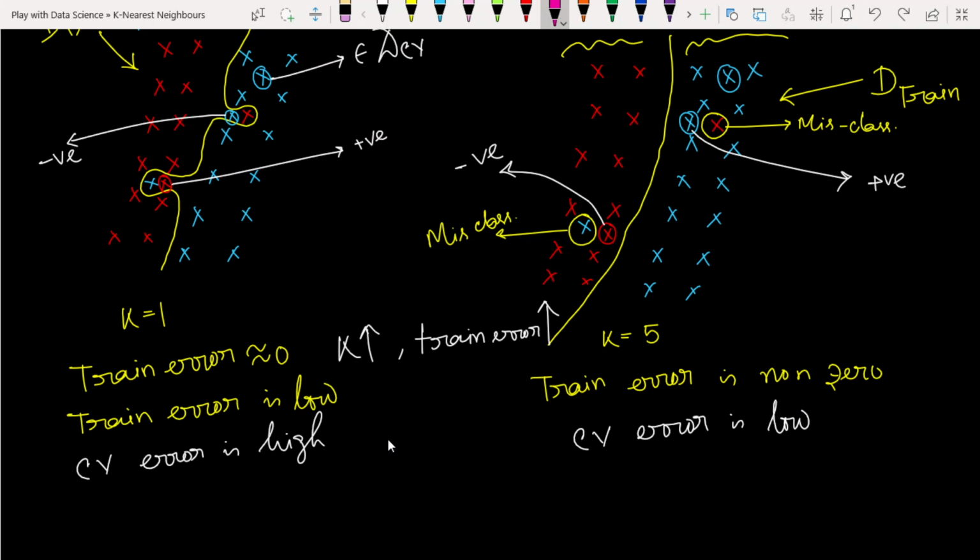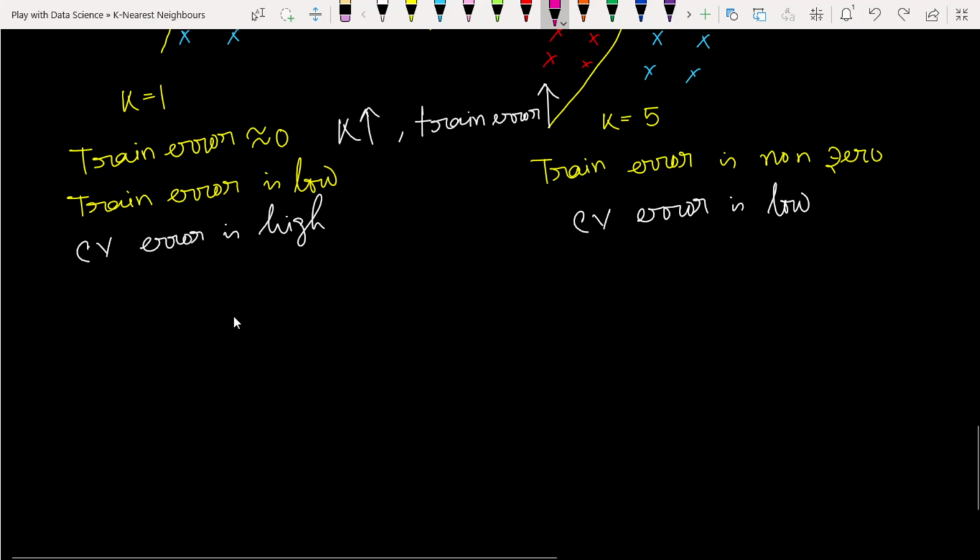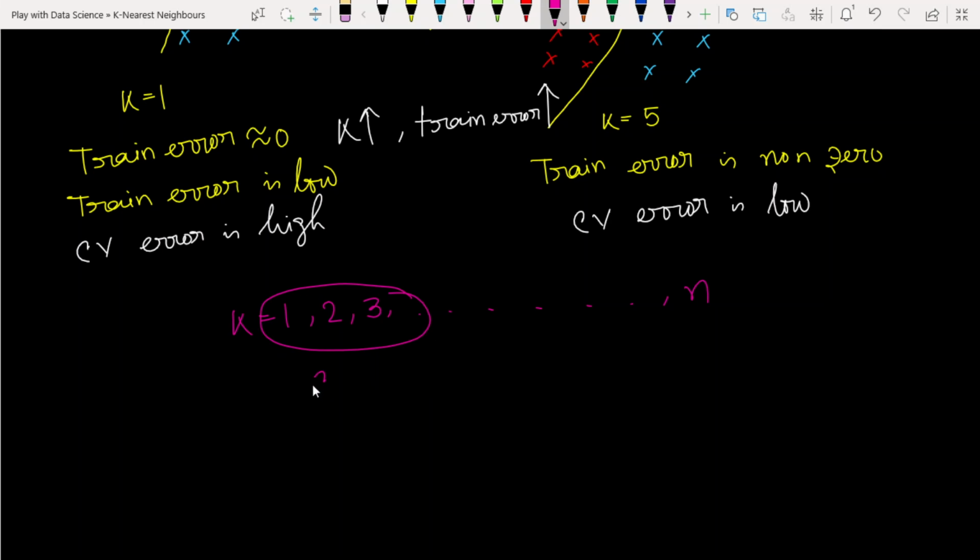So k equals 1, 2, 3, up to n. We have seen that in some regions our cross validation error is high, which comes from overfitting.